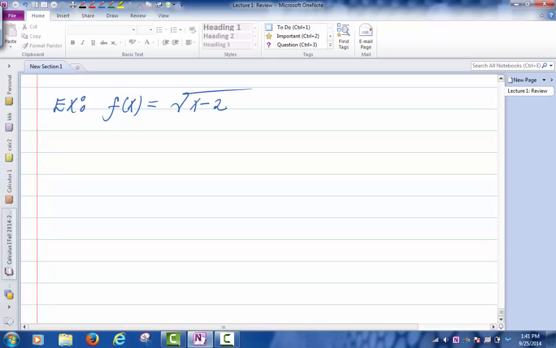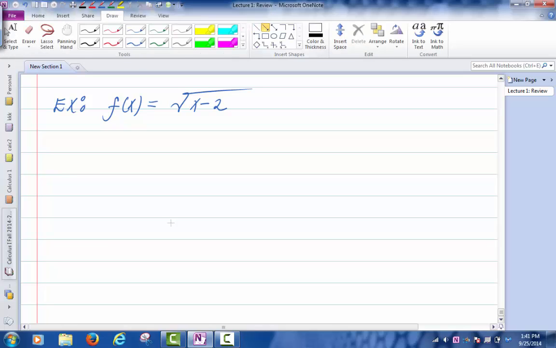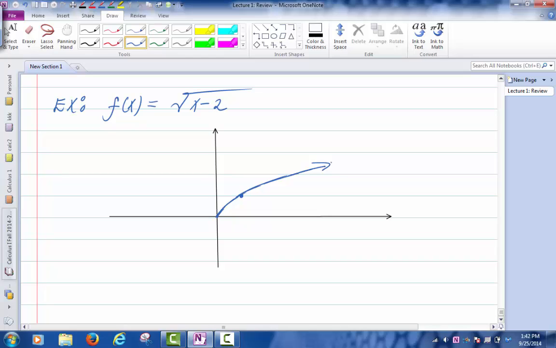Let's recall the graph of this function. Oops, made a mistake, didn't I?